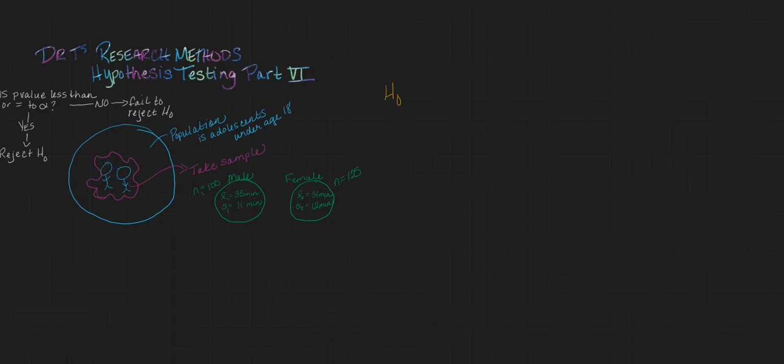If I've taken a random sample, and I know that between sample 1 and sample 2 I definitely have more than enough folks to put this under a normal distribution, well, really my null hypothesis is that there is no difference between the population average amount of time spent online for the young male participants in my sample and the young female participants in my sample.